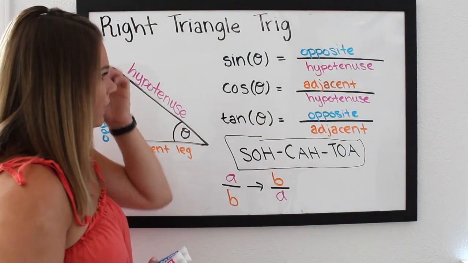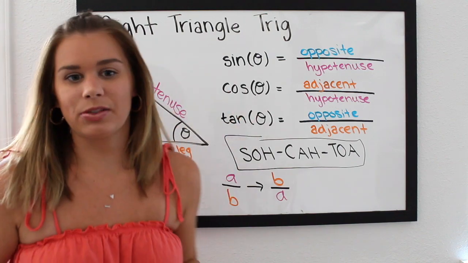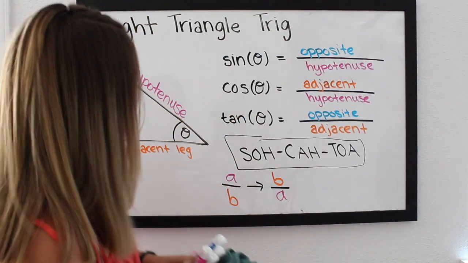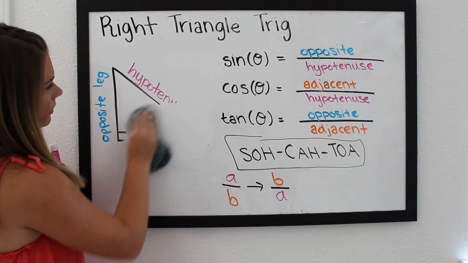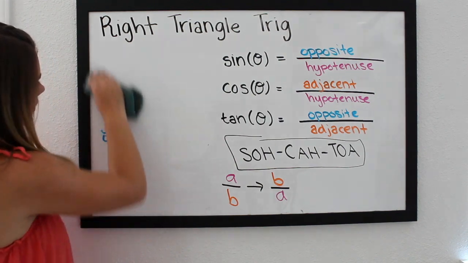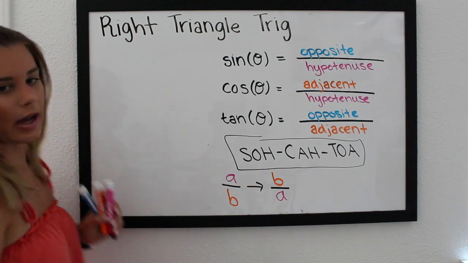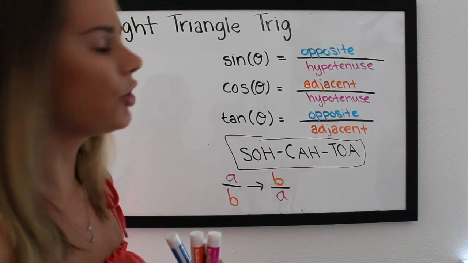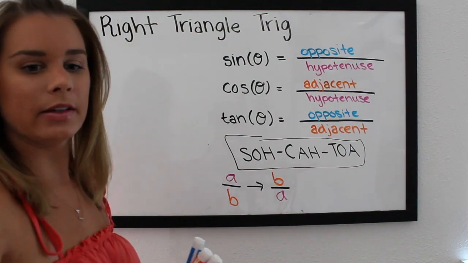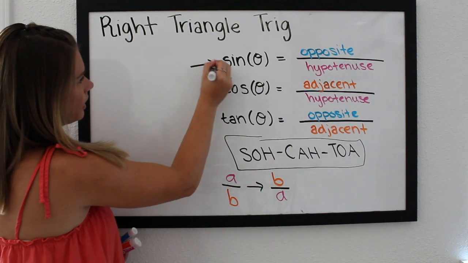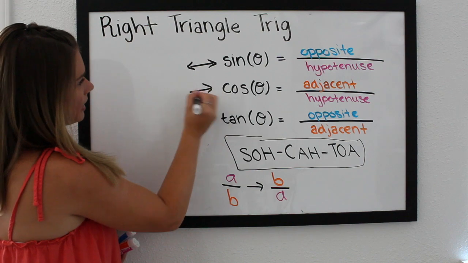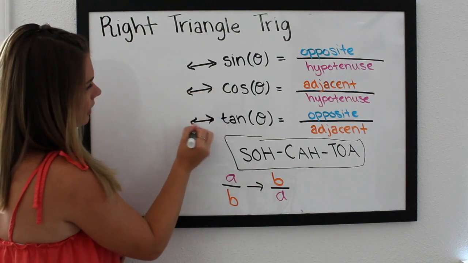So what I'm going to do is erase this triangle real quick, so that I have some room to put these reciprocal ratios. I'm going to add these arrows here.